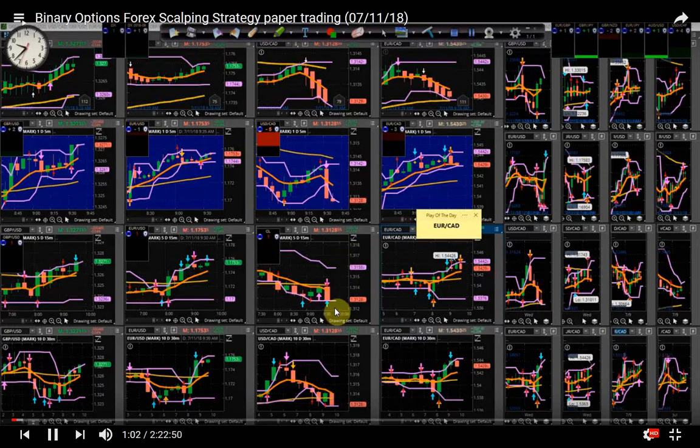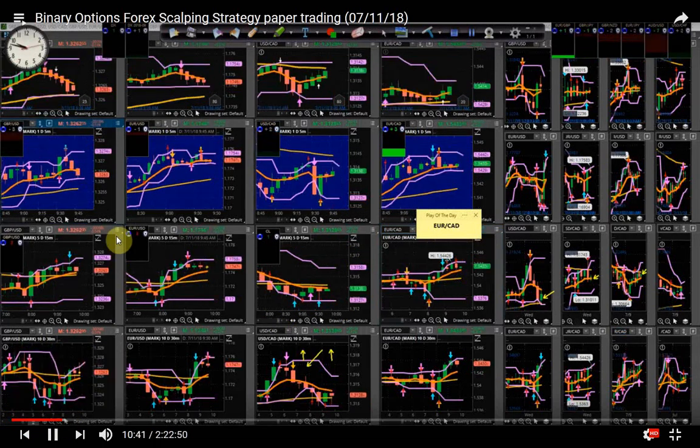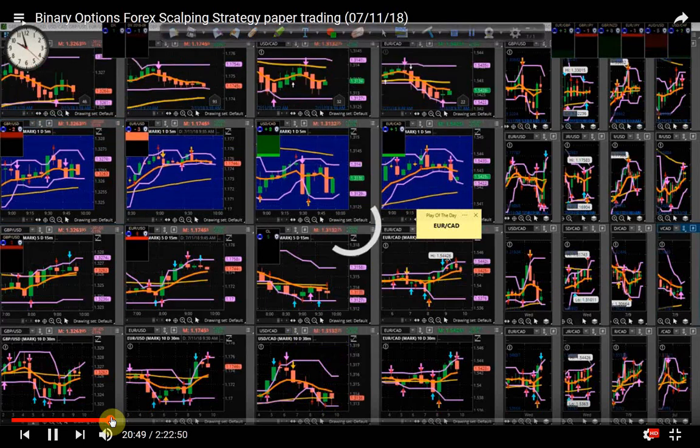Okay, so let's fast forward. Here we go, starting to see the moves now. Look, and the GU pretty much touched the BB band at that level there, so okay. Fast forward again. Yeah, GU, EU, they do take time, and that's another thing, guys.